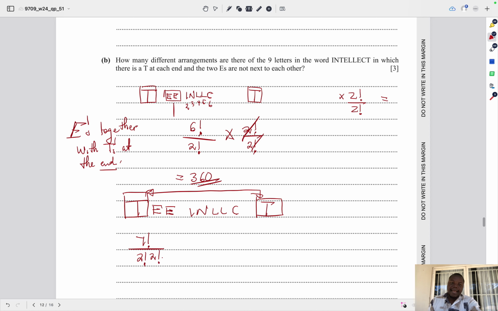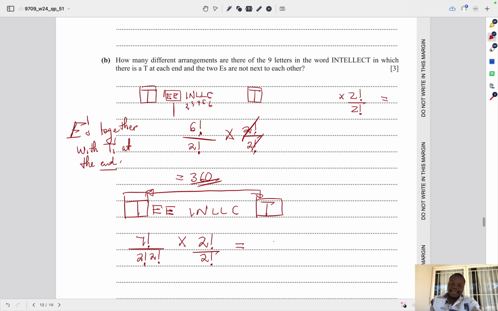And then I should multiply this by how many ways the T's can swap amongst themselves, which is 2 factorial. But since they are repeating, again divided by 2 factorial. If I put this on my calculator, I have 7 factorial divided by 2 factorial times 2 factorial, like that.